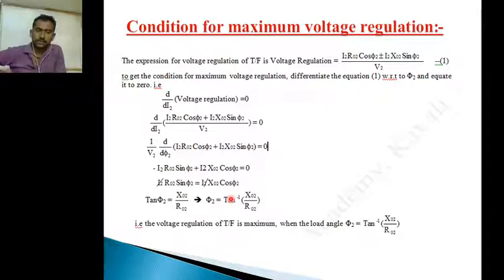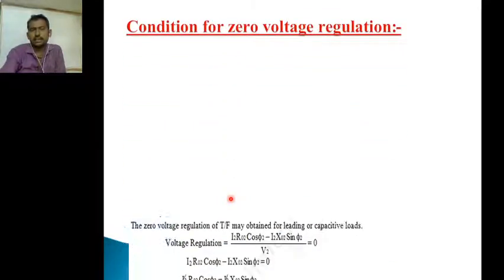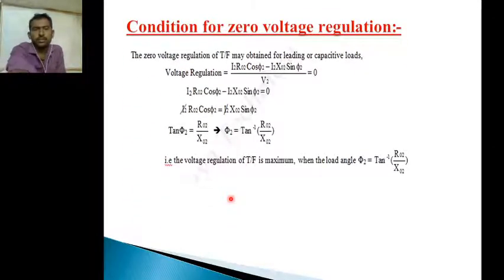Similarly for the minimum voltage regulation, normally the minimum voltage regulation can be obtained with leading or capacitive loads. So we consider the voltage regulation equation for the leading case, that means the minus sign here.